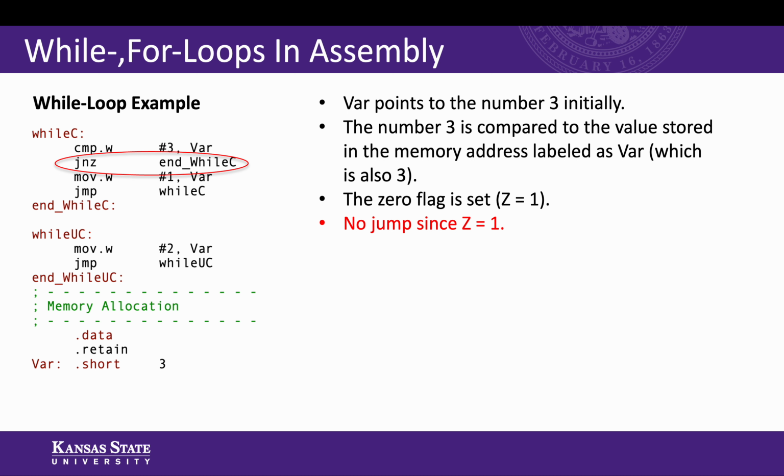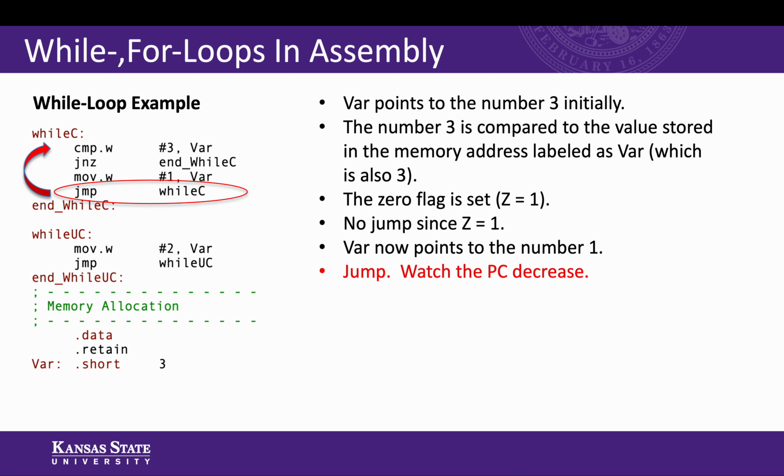So the program counter marches along, and then we move the number 1 into that address labeled var. Now var is pointing to the number 1, and then we have an unconditional jump back up to the top of the while loop. If you're using CCS to do this, you can step into the program and watch the PC decrease when this happens.